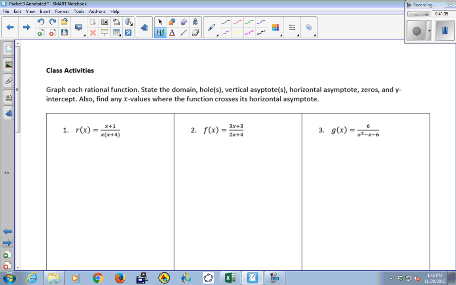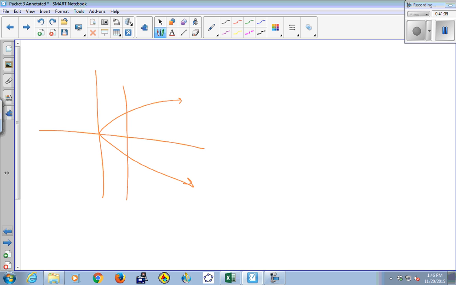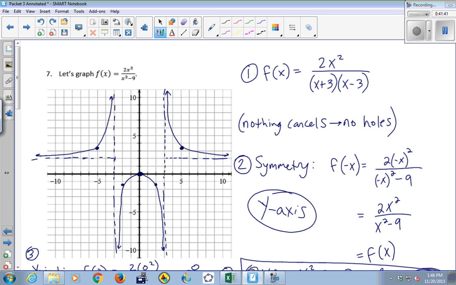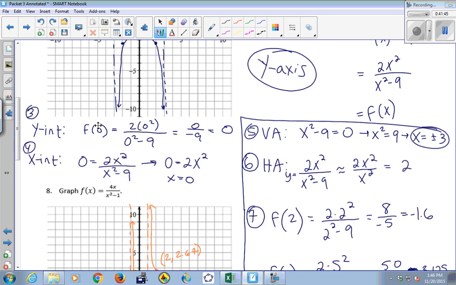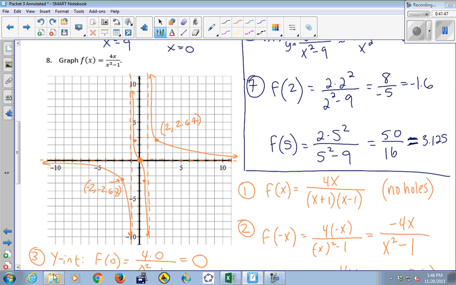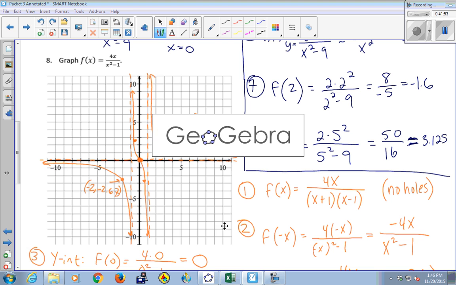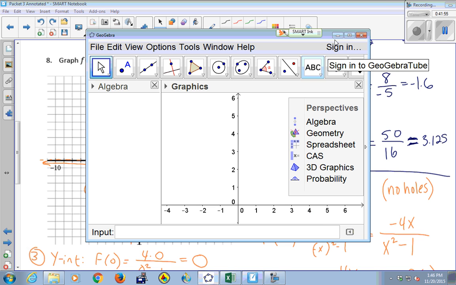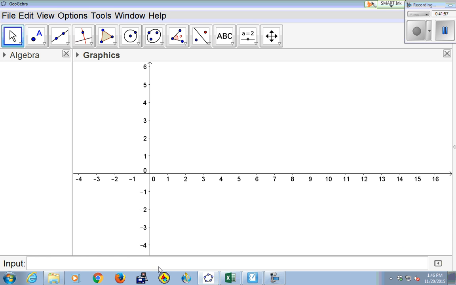Yeah, that's a great question. Yeah, let's graph it in GeoGebra. Okay, so I'm just going to graph y equals, you need parentheses around your numerator and your denominator.